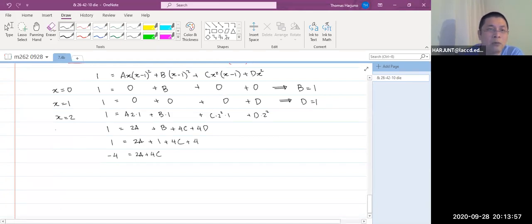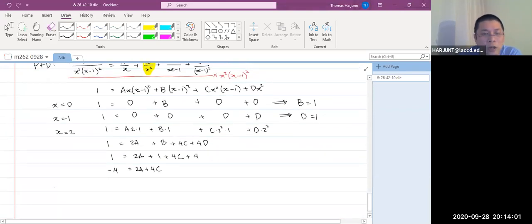Let's pick another one. Let's say I pick x equals to -1. Why not? When x equals to -1, that will be 1 equals to a times -1 times -2 squared plus b times -2 squared plus c times -1 squared times -2 plus d times -2 squared.